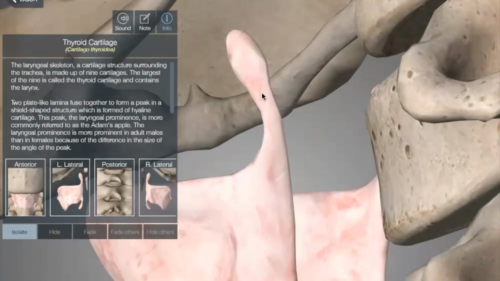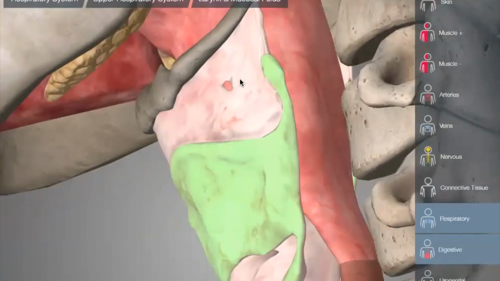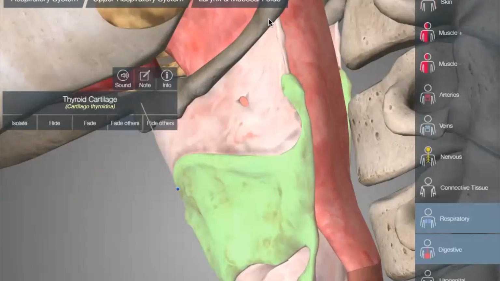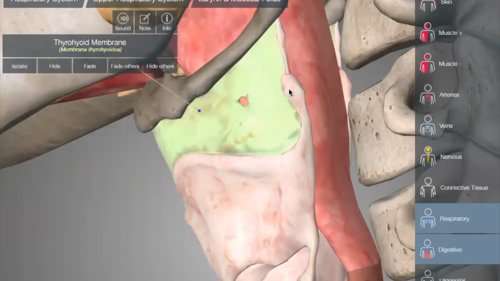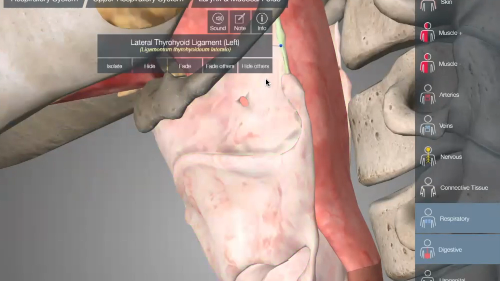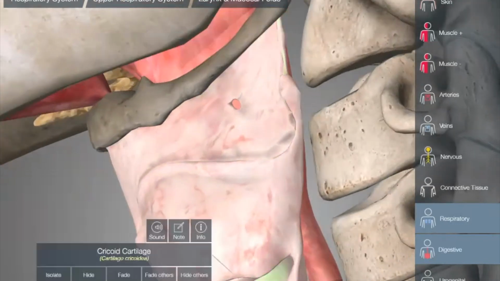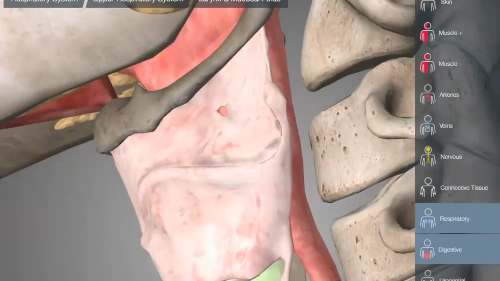The superior horn is connected to what? Superior horn is connected to what? To the hyoid bone by the lateral thyrohyoid ligament here. See? The superior horn is connected to the hyoid bone by the lateral thyrohyoid ligament. Okay? The inferior horns are connected to, or they articulate with, the cricoid cartilage. Deal? Okay.